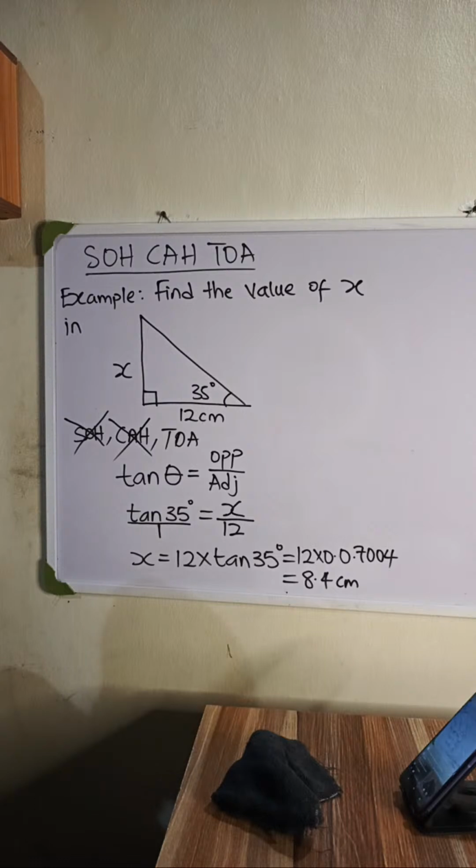Somebody is saying tan 35 is 0.47. You use your calculator to calculate tan 35. For me, I use my phone. Okay.